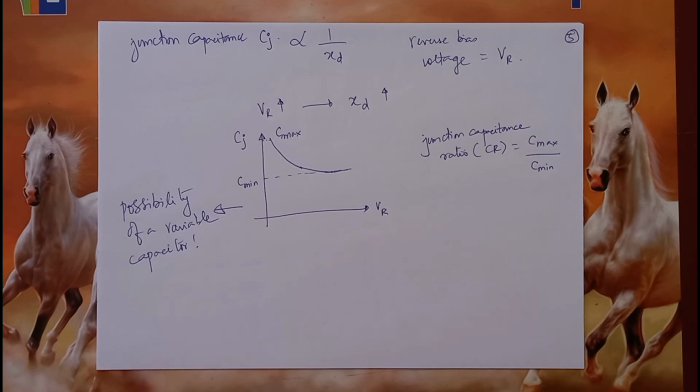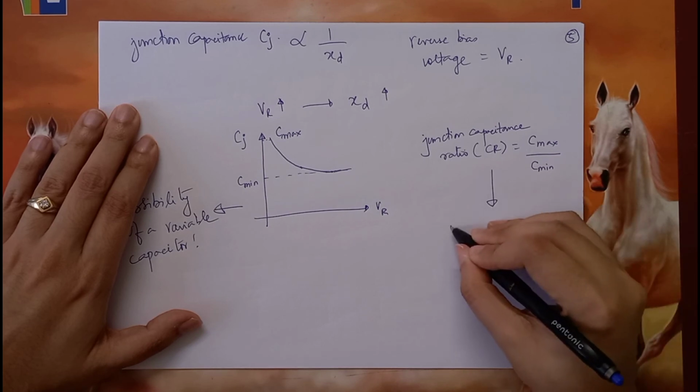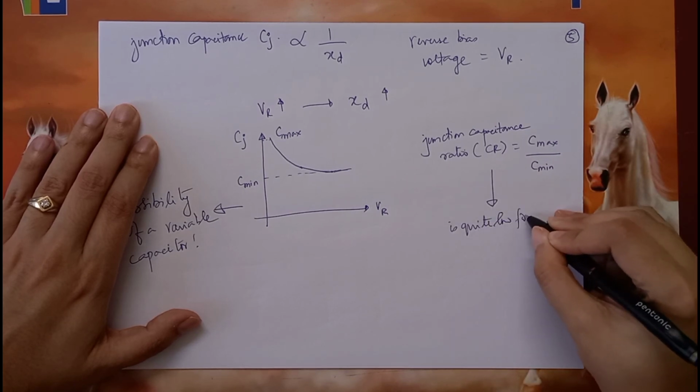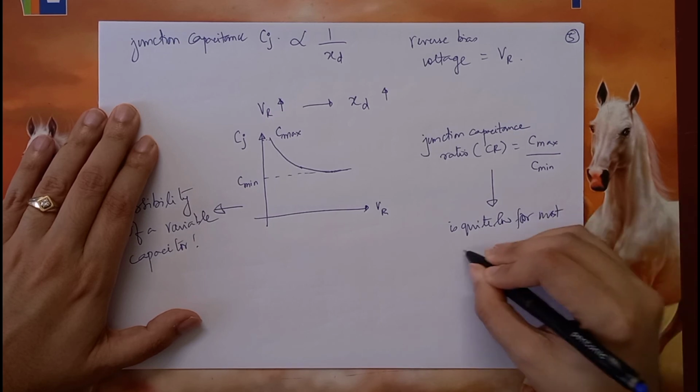Now, when we look at the junction capacitance of a standard PN diode, we will notice some problems. First of all, this CR is quite low for most diodes.